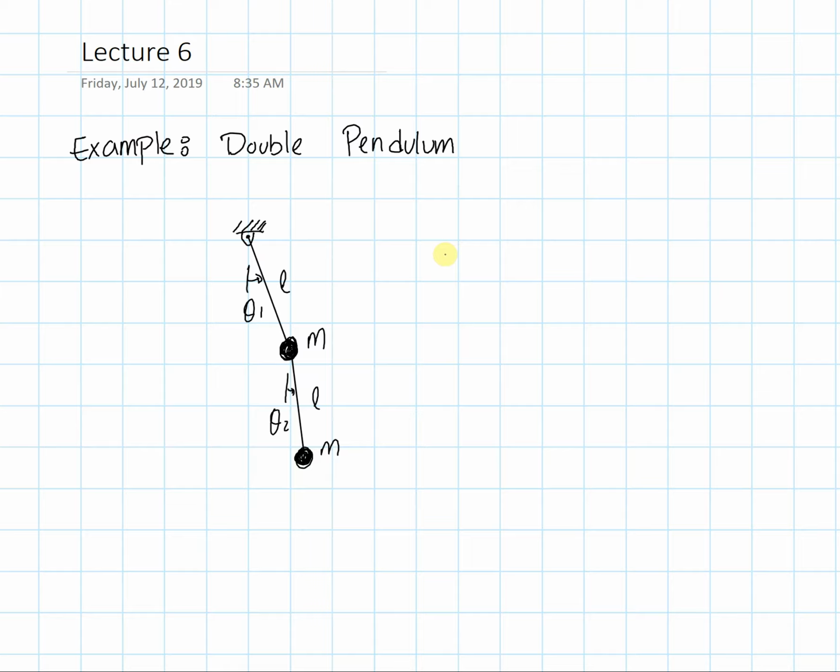Okay, so now what I want to do is to derive my potential energy equation. So let's do the V. First I'm going to focus on the first mass, and with potential energy equation I'm going to measure energy from this bottom position down here. So I have M G L. For the first term I have 2 minus cosine theta 1.